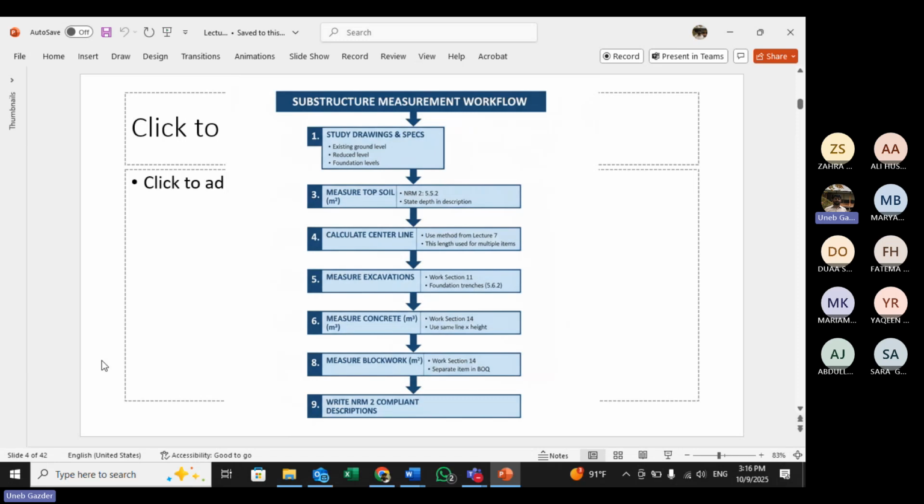So it's just giving you some steps. Obviously, the details will come later on. Once you have done this, you can start making your BOQ. The important thing about the BOQ is you need the description of all these items. So this will require you to go to NRM2 and find out the description.